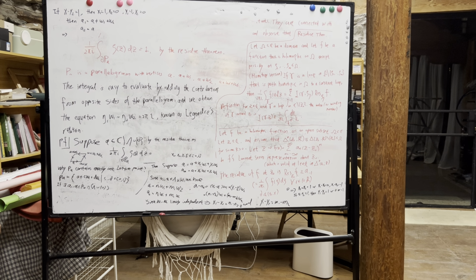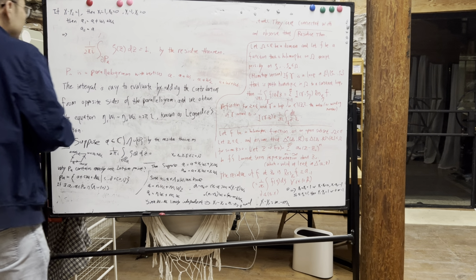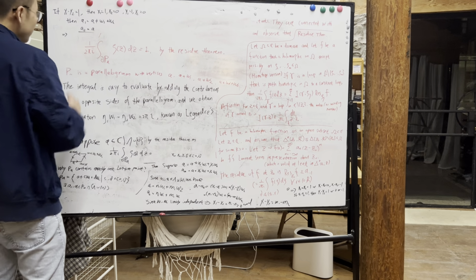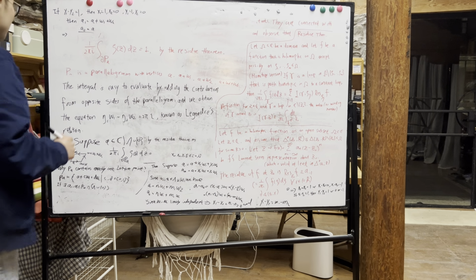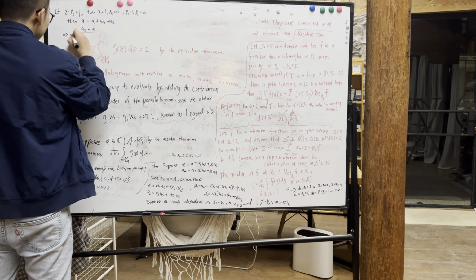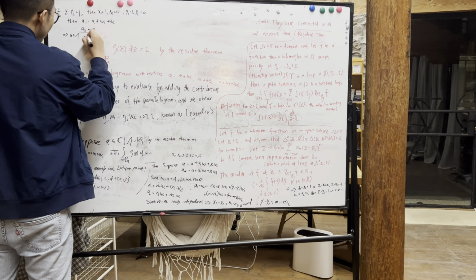So what we can say is that since a2 is on the lattice point, this implies that a is in the lattice point, right? Which is a contradiction.